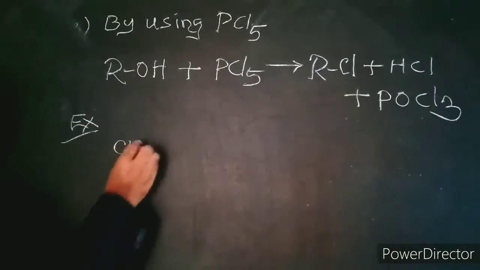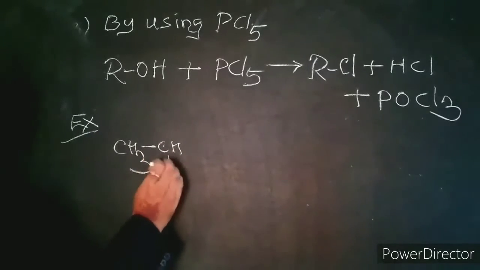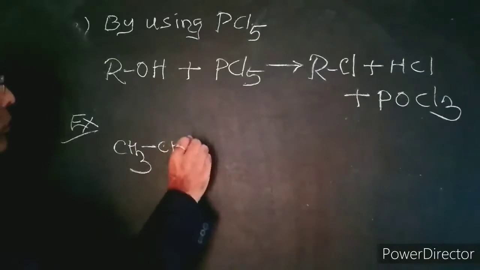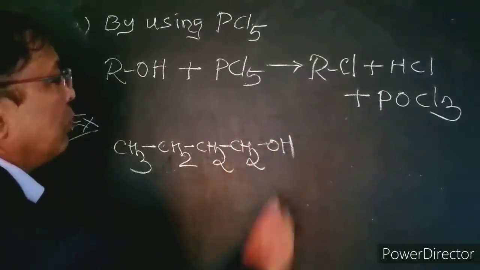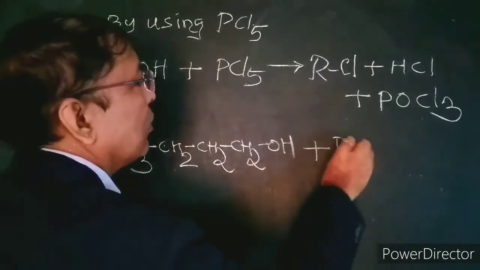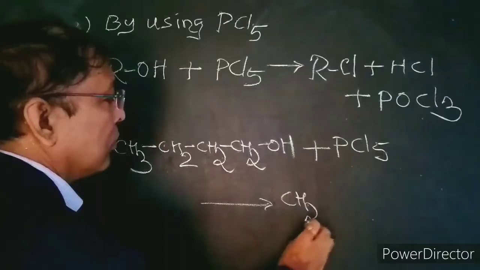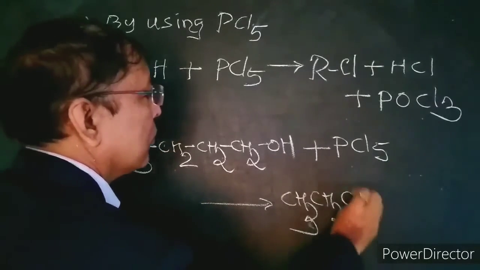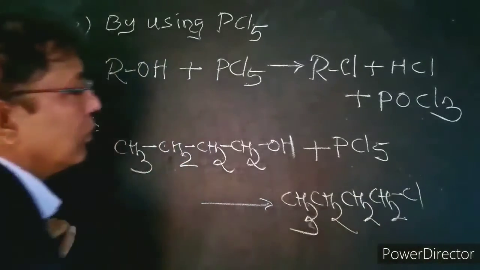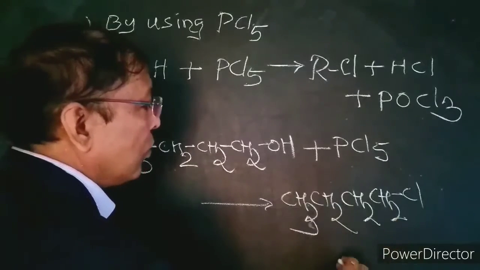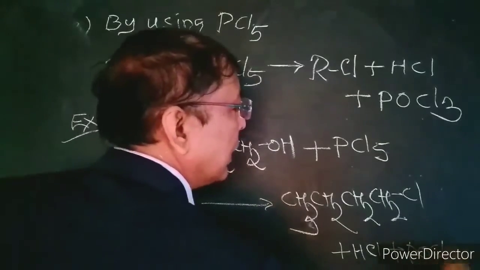I take butanol, that is butyl alcohol. When it is reacted with phosphorus pentachloride, we get 1-chlorobutane and HCl and POCl3.